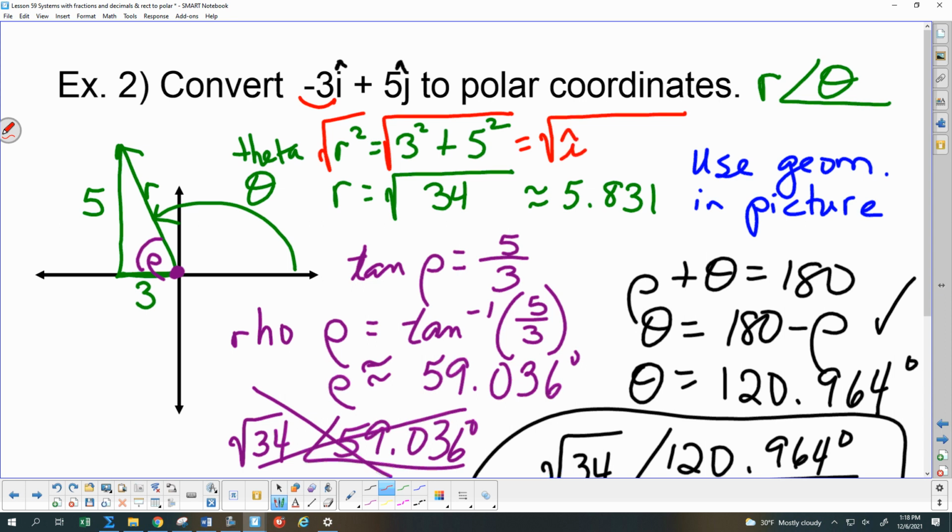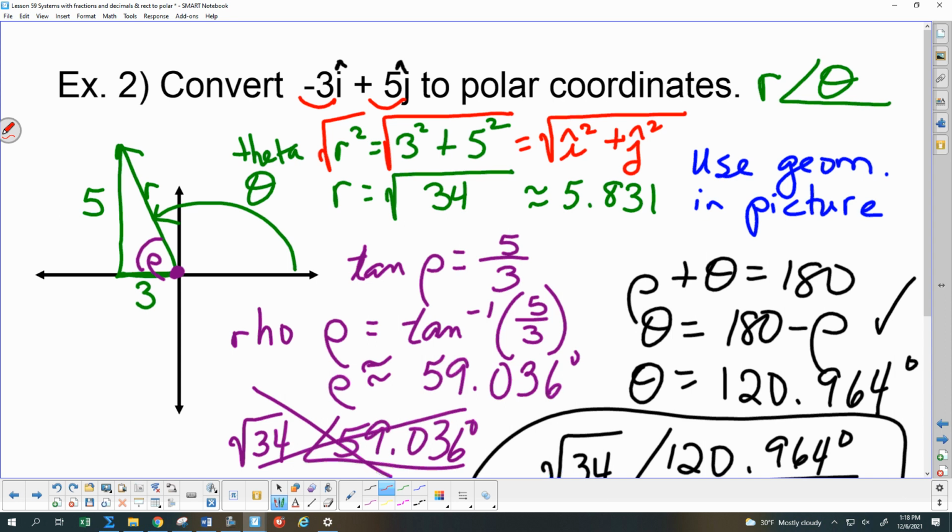That was my i hat value squared plus, and the 5 was my j hat value squared. So if I want R, I can either set up the Pythagorean theorem and derive it like we did, or I can memorize the formula that we'll write down in a moment, that the magnitude is the square root of the i hat squared plus the j hat squared.